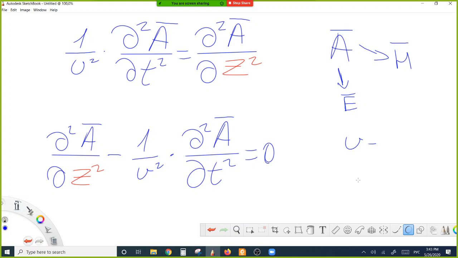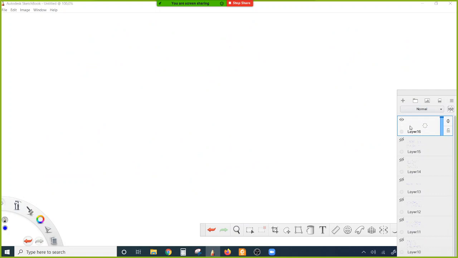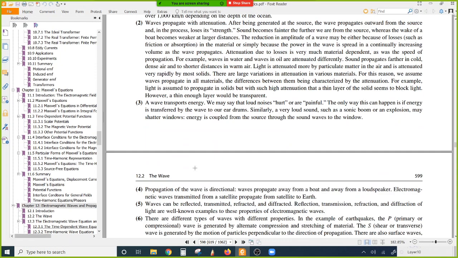Okay, let's see one example about the application of the wave equation. Let me copy this example.